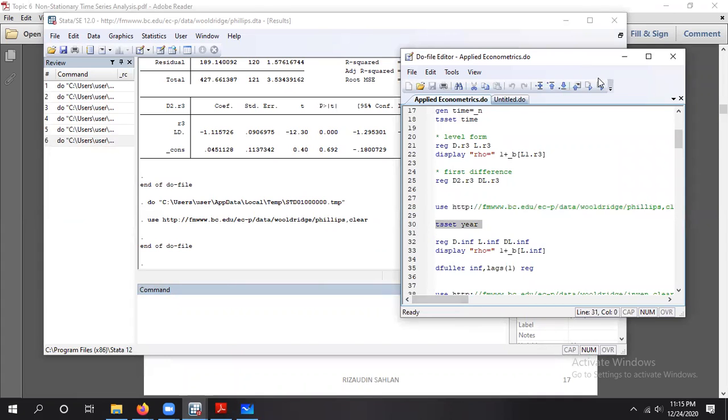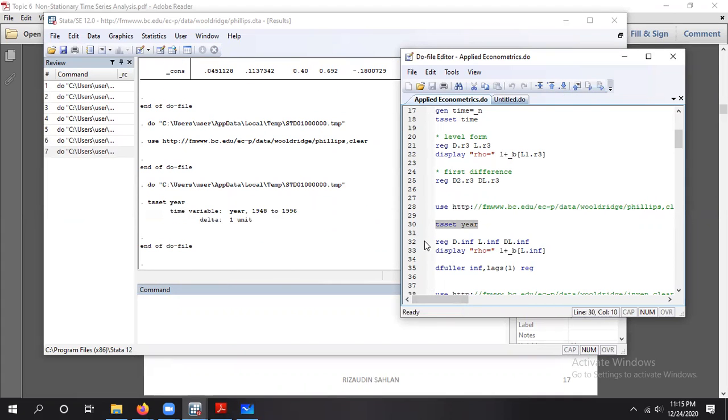Okay, we set the year and then we regress. This one, reg D INF.